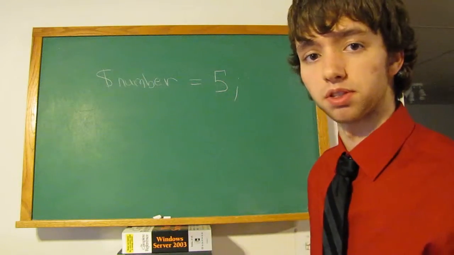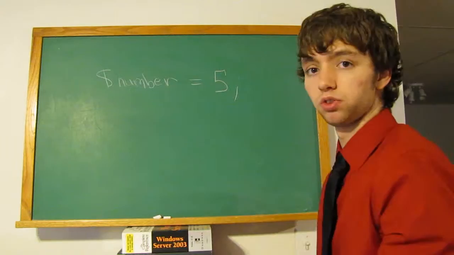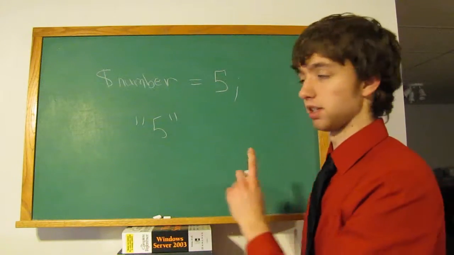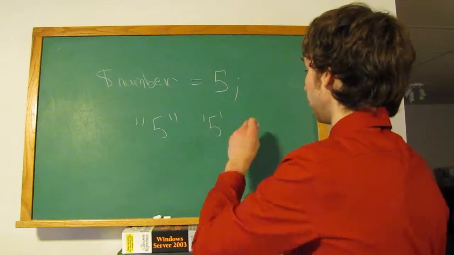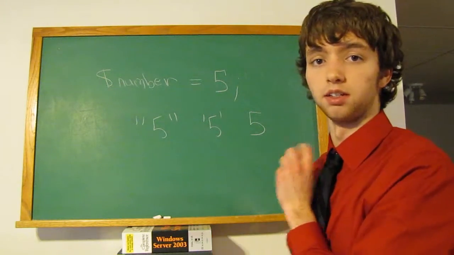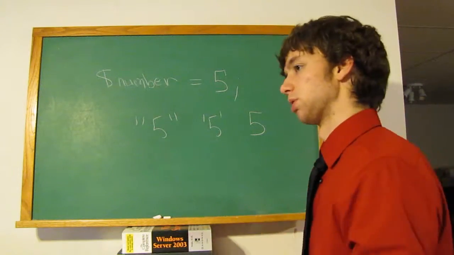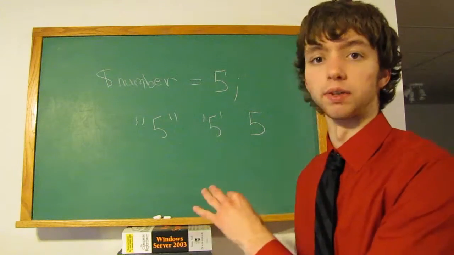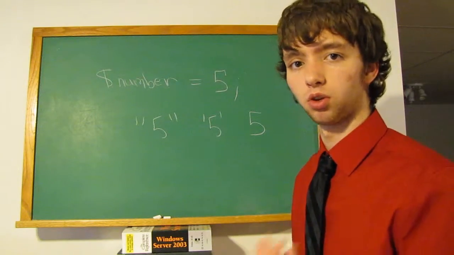The thing about this is it's different than a string because it doesn't have quotes. So this is treated as a string. This is treated as a string. This is treated as a number. And I know it doesn't mean much now, but when you're working with these numbers, you're going to get incorrect results if you are treating a string as a number or a number as a string. So you have to get those correct.